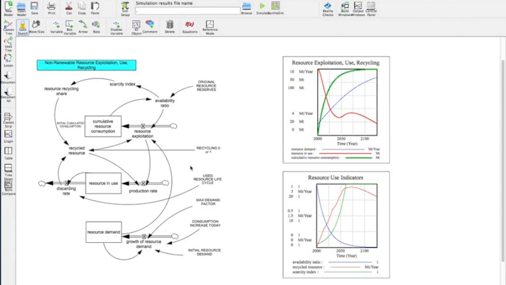So you can play around with this model. There are several things you can do, and think about how, if you wanted to have a situation that was more or less sustainable. I want you to play with this model and tweak some of these parameters. Play around with the size of the reserves. Okay, that's one. With the recycling, and I'll quickly make a run here with 0 recycling just to see what the impact is. But play around with the recycling, and play around with the life cycle of the products, and try to see if you can come up with a strategy that would allow you to have a sustainable situation.